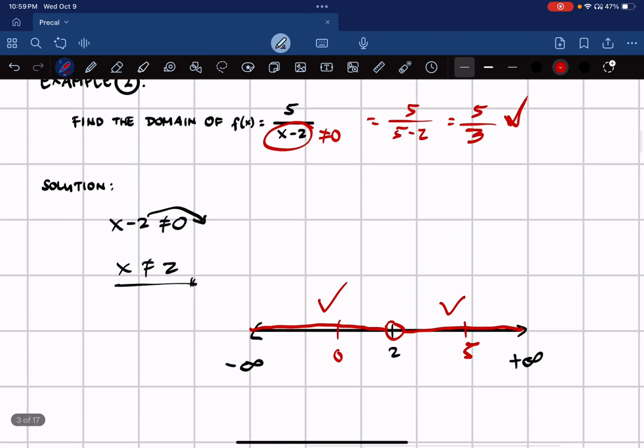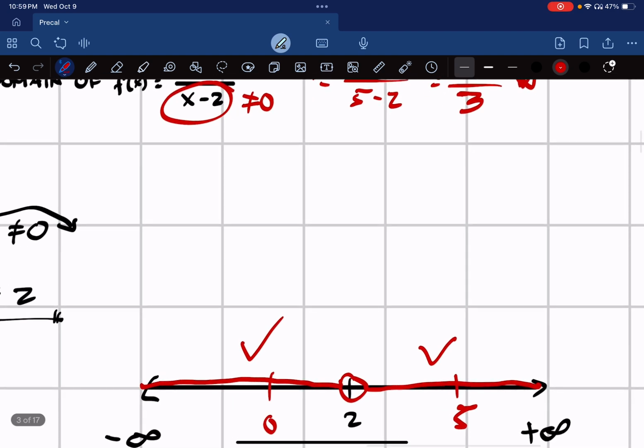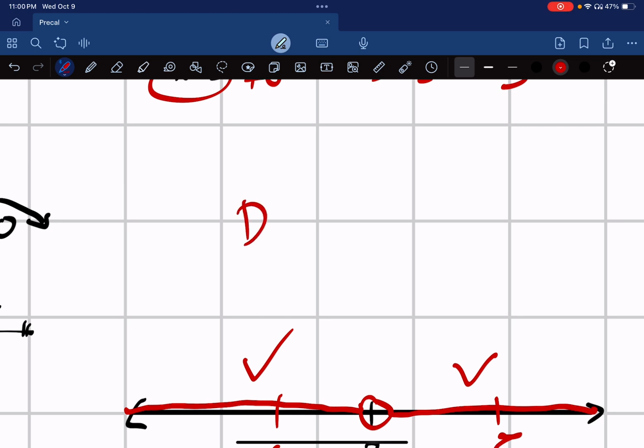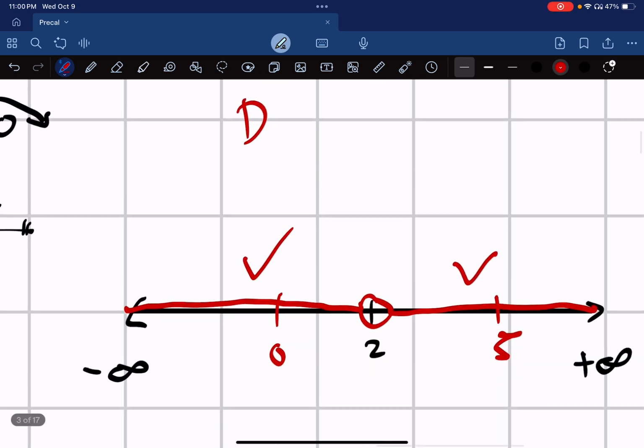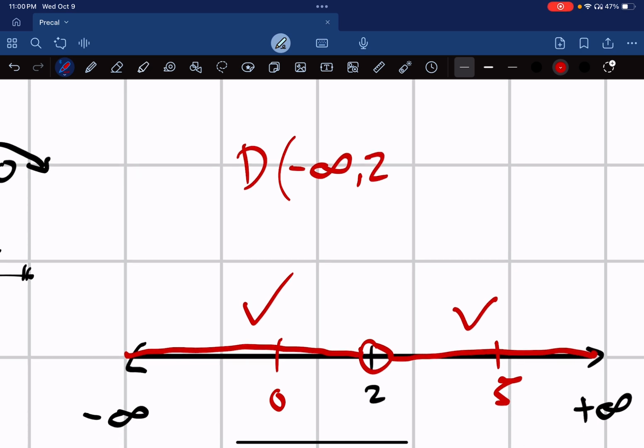So ato domain ani is tanan values except 2. Now to denote that, we just have to do this. Domain is asa tamang sugod, negative infinity. So parenthesis, negative infinity up to 2. And now, diri, since ang 2 is open circle, meaning dili siya apil, not included sa solution, parenthesis ang ato gamiton.